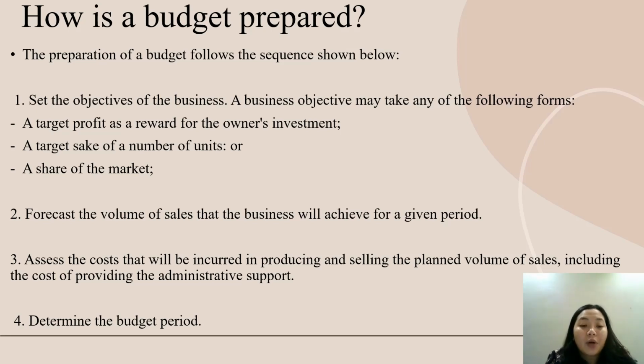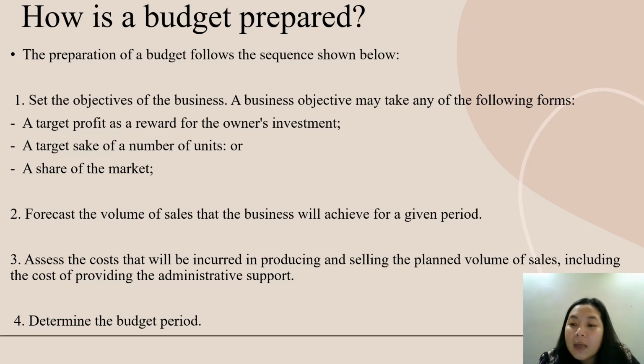So number 4, it's determine the budget period. So you need to have cash for this. You need enough money to have a budget for your specific business, or how many products you will need to produce.